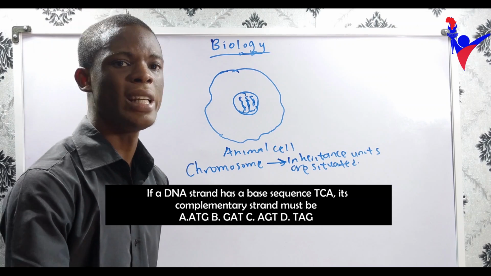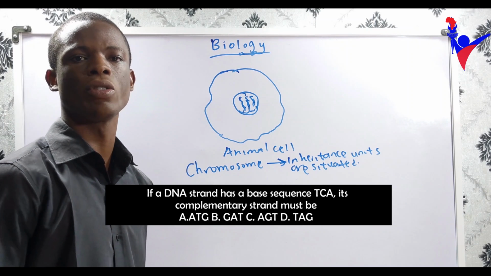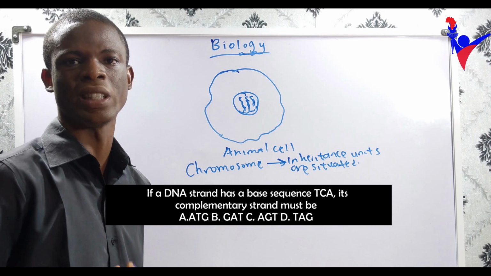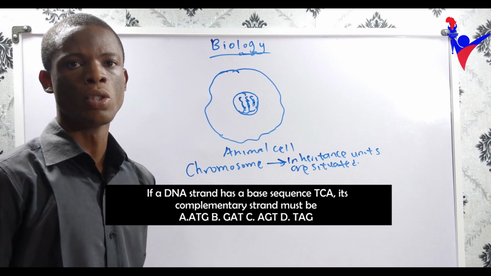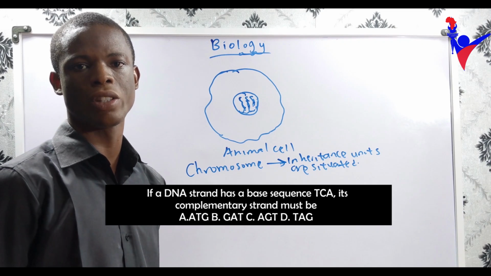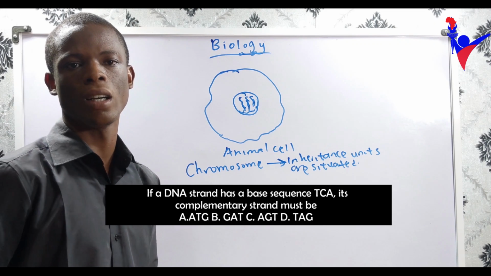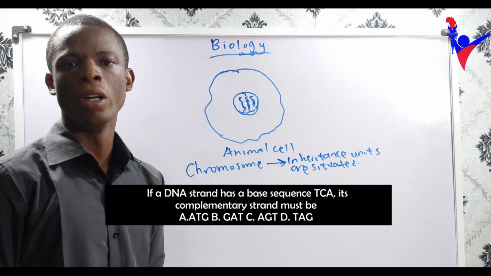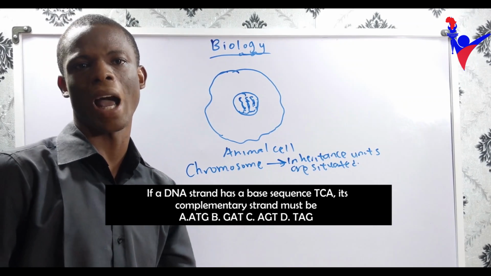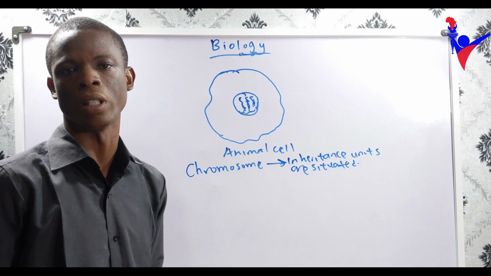We know DNA is deoxyribonucleic acid, and it is responsible for genetic transmission. DNA is a double helix structure which has two strands, the first strand being the major strand and the other being the complementary strand.